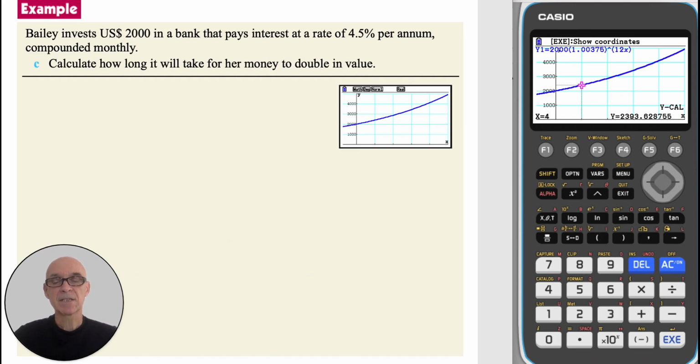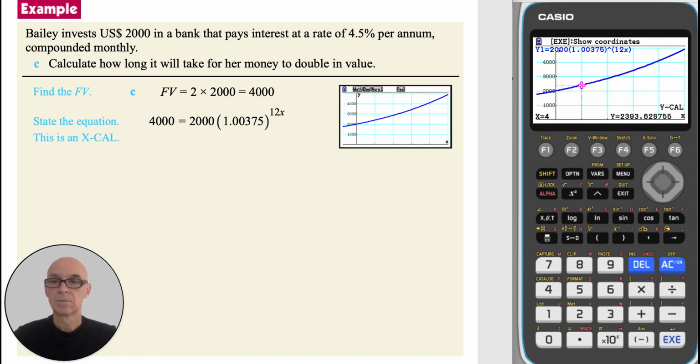In part C, we're asked to calculate how long it will take for Bailey's money to double in value. Starting by finding that future value, double 2,000 is 4,000. Then writing an equation replacing the future value FV with 4,000. On the calculator, this is an X calculation.